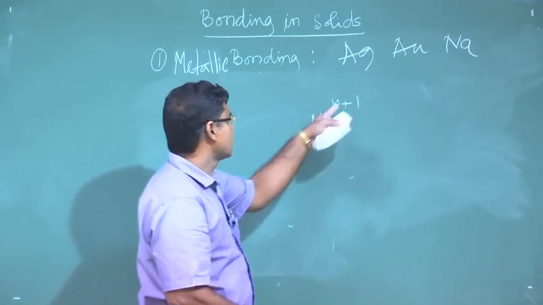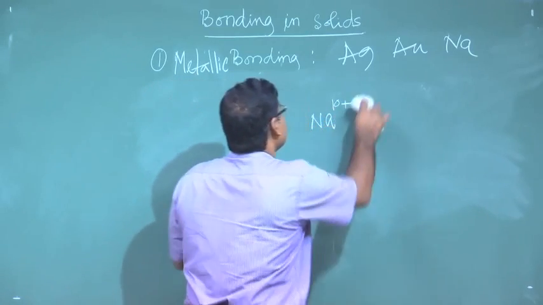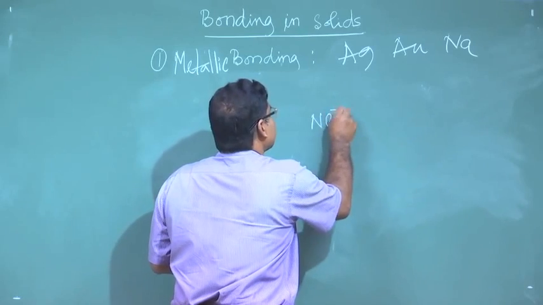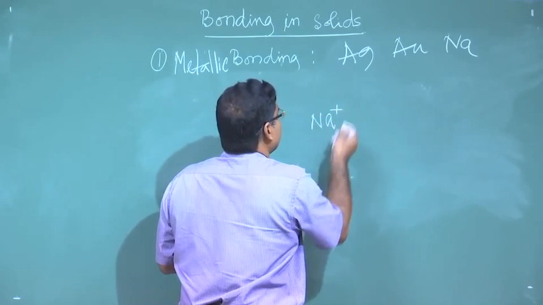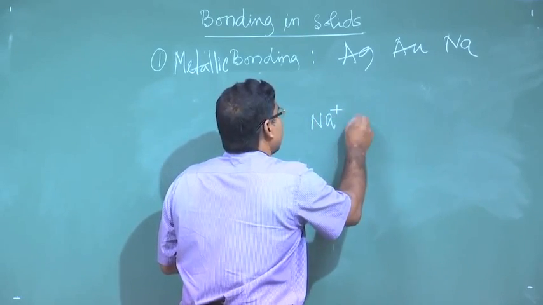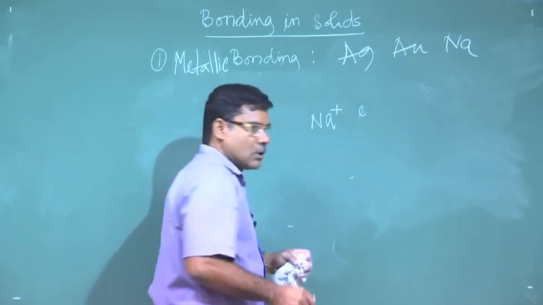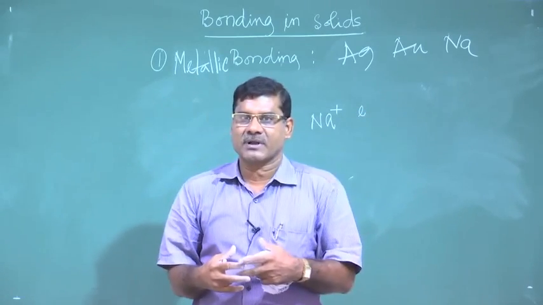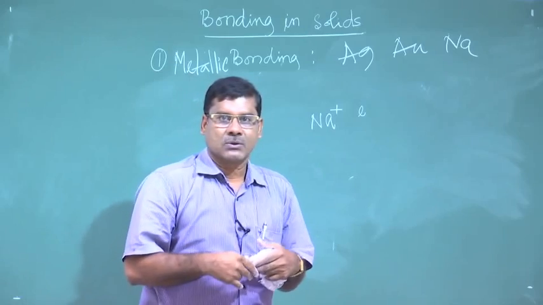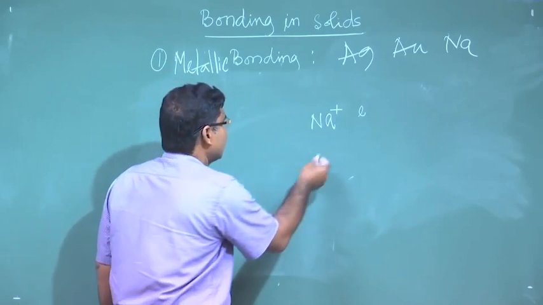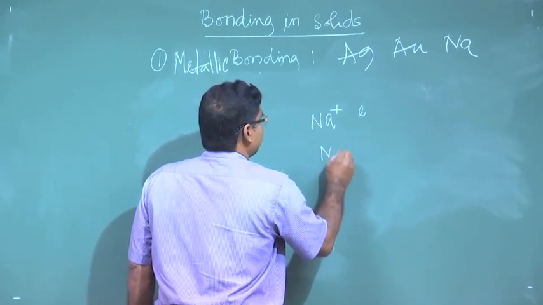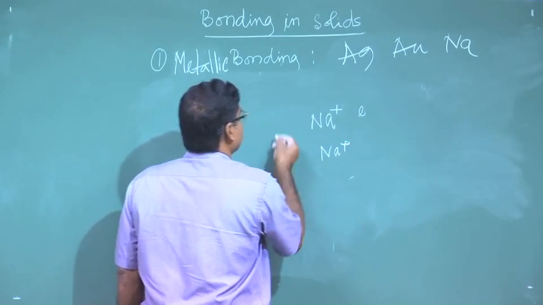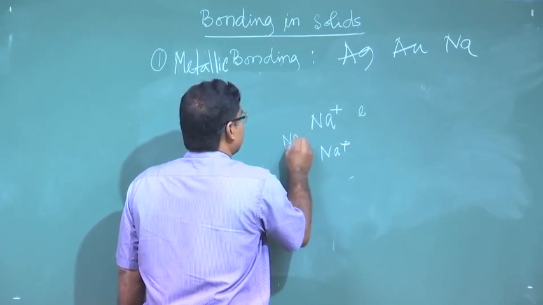So, when many sodium atoms come together, they each leave 1 electron.